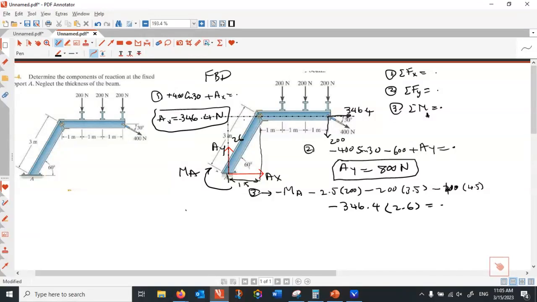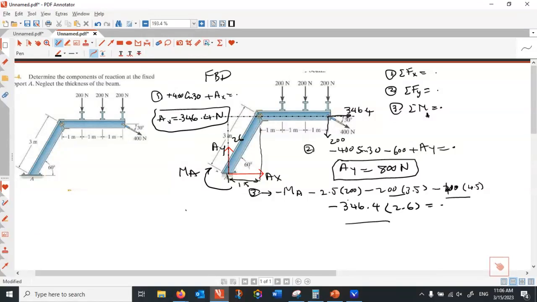No, this is the minus equation. All right. So these are all negative numbers, right? This is negative, that is negative, this is negative, that's negative. So everything is negative. You take that to the right hand side, that is positive. So minus MA is equal to a positive number. MA becomes a negative number.